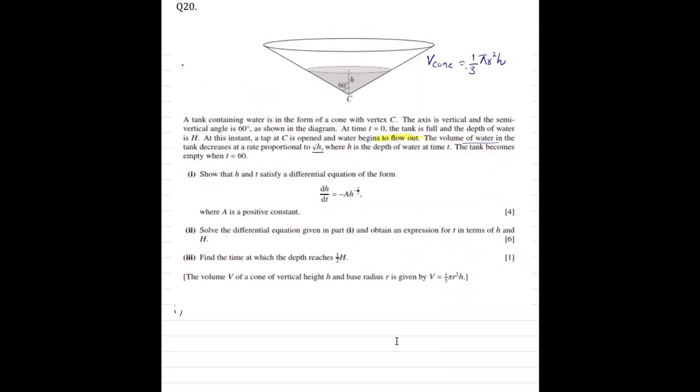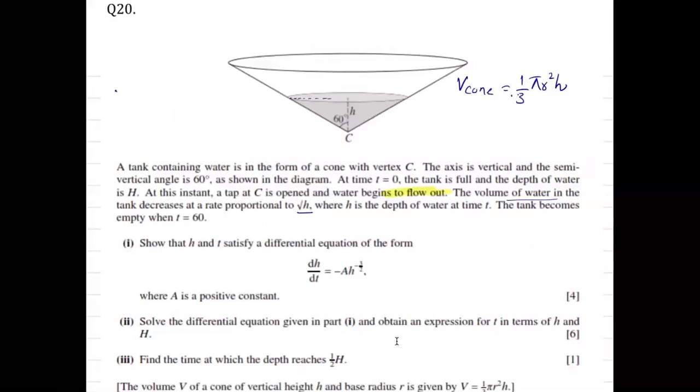Now if I look at this geometry, this is the radius, right? I want to get rid of the radius expression and I want the volume to be directly associated with the height. You can see that there is a right angle triangle being formed where this angle is 60. So if you use the tangent ratio, tan 60 is equal to r upon h.